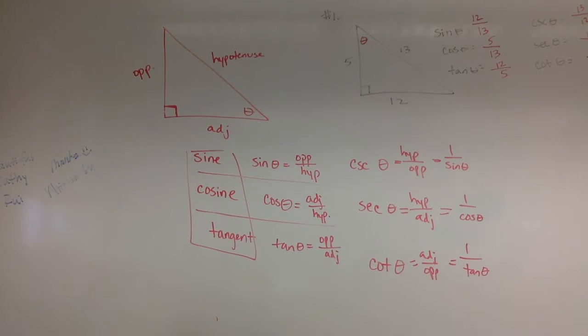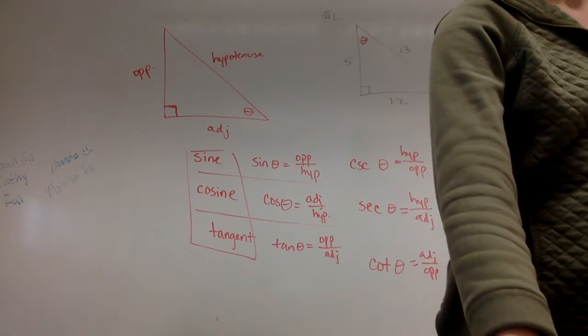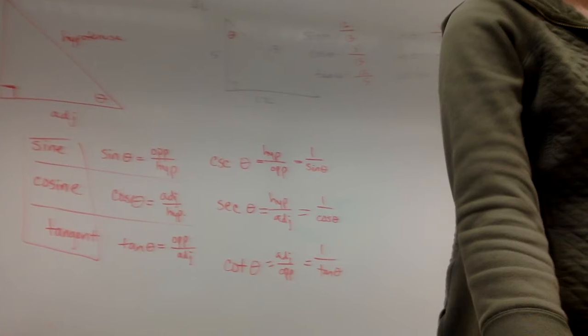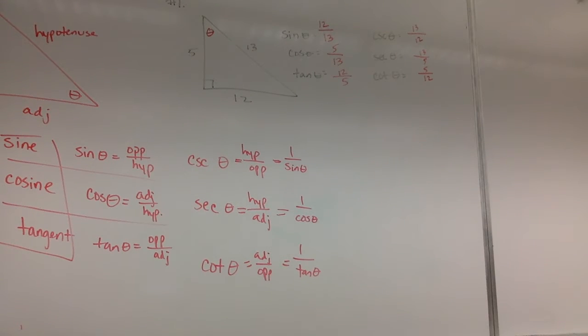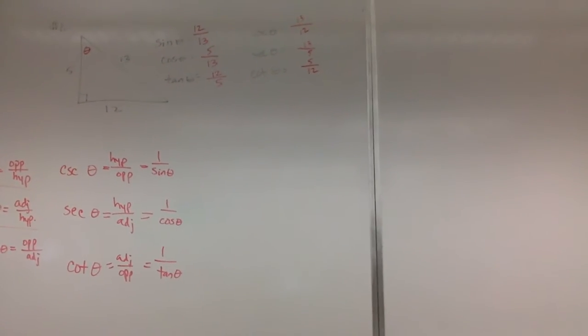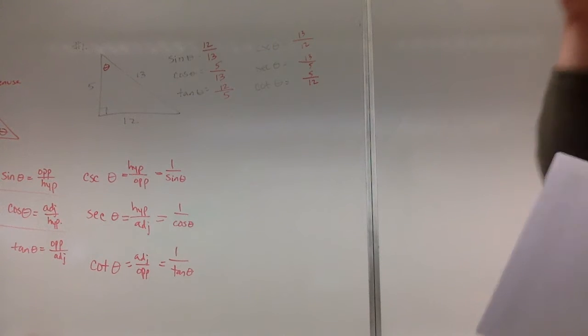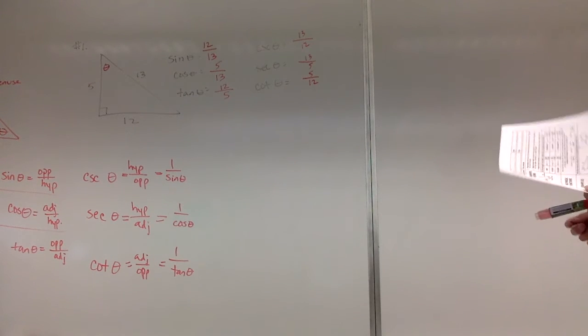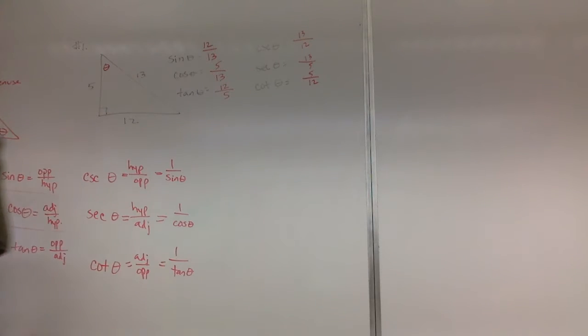If you have that 4 radical 5 in the denominator, you're going to have to multiply by radical 5 over radical 5 to simplify. Look around and look up when you feel like you're done.